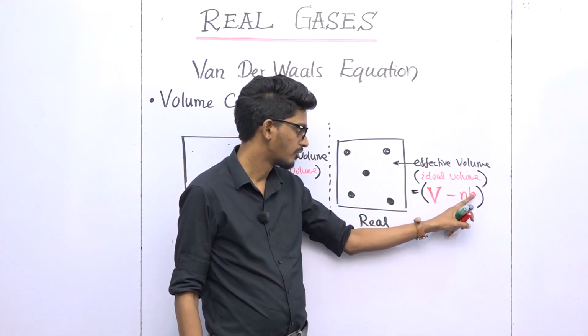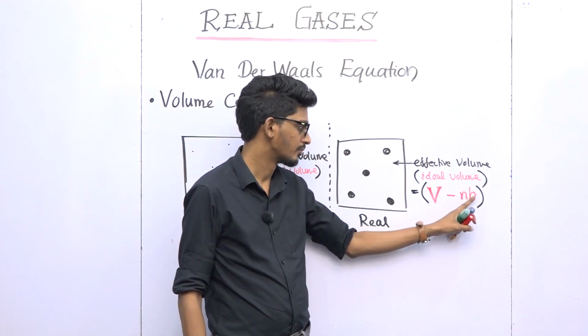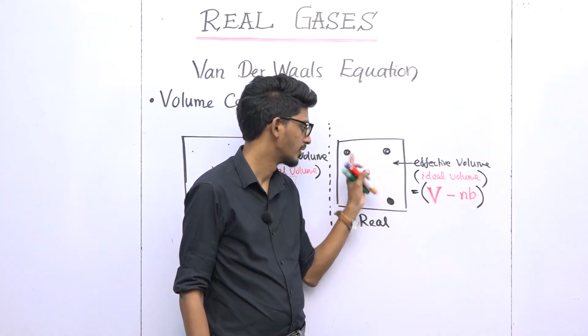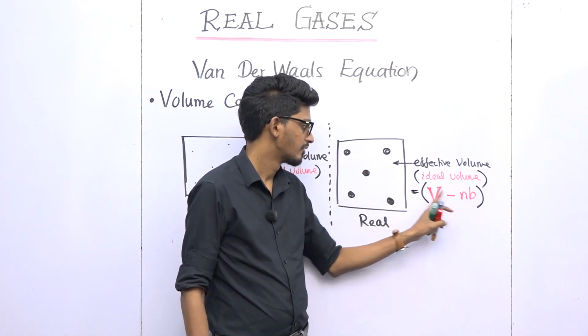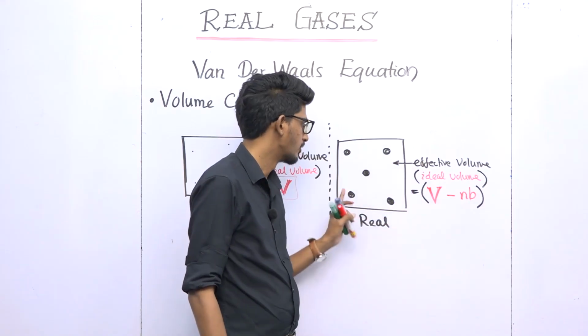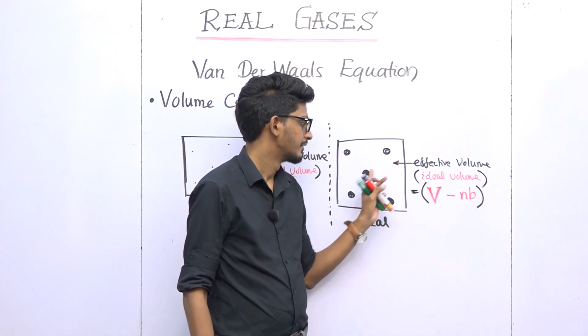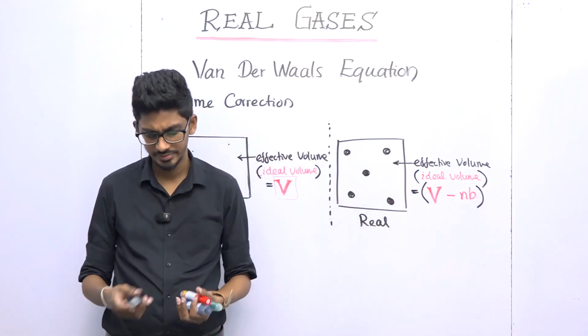You have to deduct that value from the volume of the vessel to come up with the free space available for moving those particles. Right, got the idea?